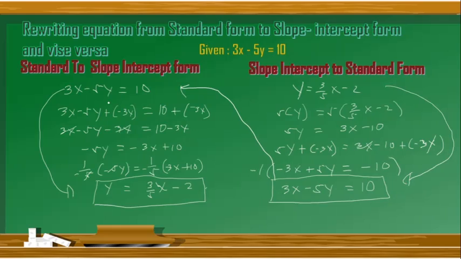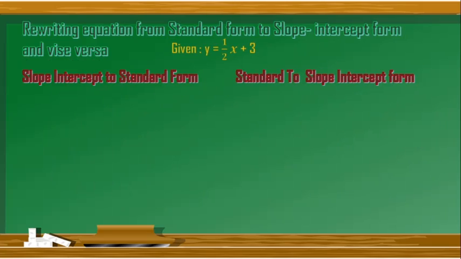Okay, that is how to convert the standard form equation to the slope-intercept form. Okay, let's try the last example.